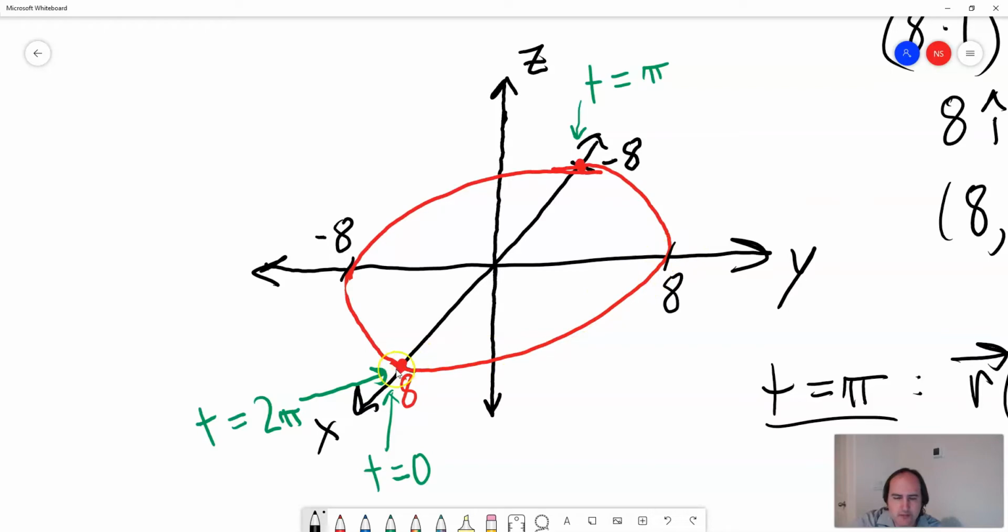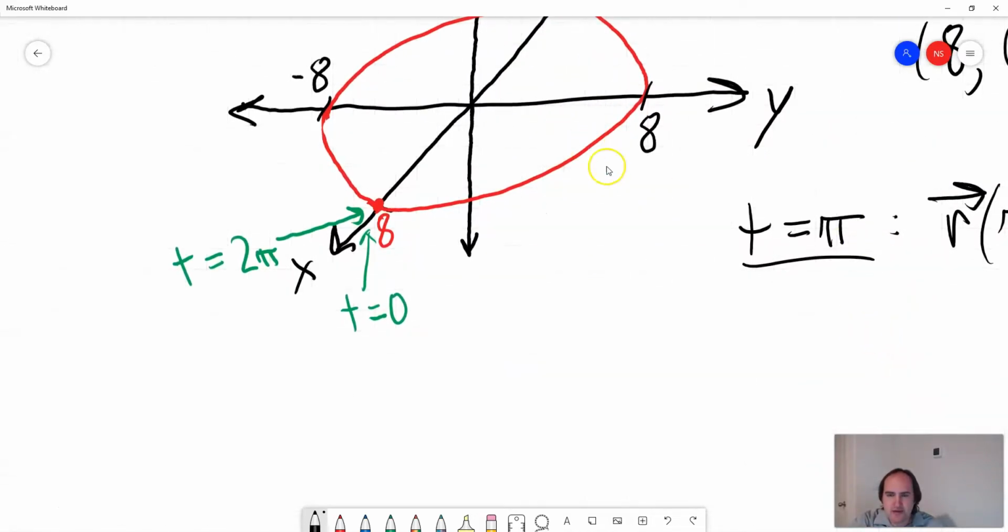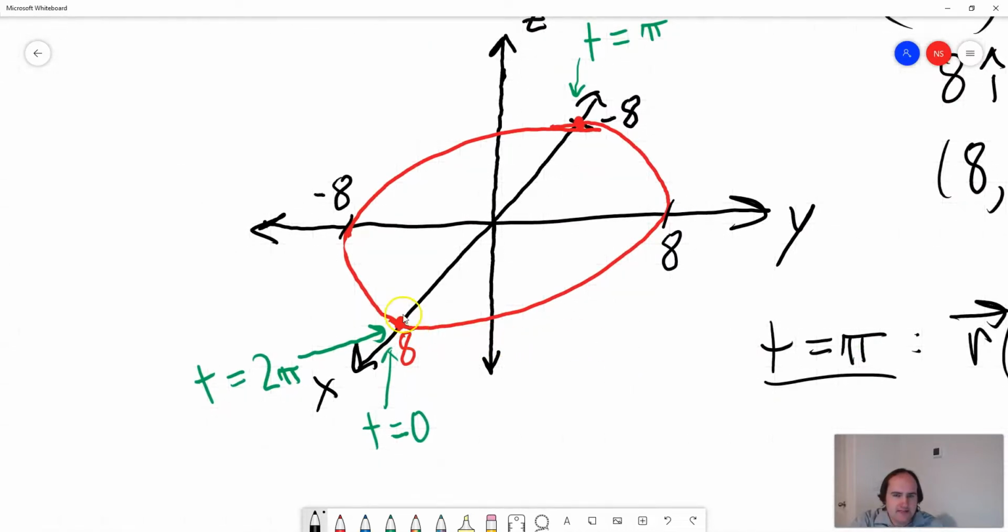Like for example, we could plot t equals pi over 2. So if you don't want to take the derivative, you don't have to. You can actually just plot another point. So we can plot t equals pi over 2. And if t equals pi over 2 is right here, we know we're going to be going this direction. Whereas if t equals pi over 2 is here, we know we're going to go that direction.